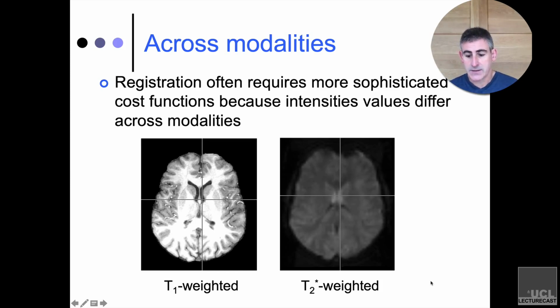Under the crosshairs, even though these images are more or less aligned, and they're both showing something in the cerebral spinal fluid, in the lateral ventricles, it's got a very low value. It's a dark voxel in a T1 image, whereas in a T2 star image, it's a bright voxel. So if you said, well, are these the same? The answer is yes, conceptually they're the same. But if you said, are these intensities the same? The answer is no, they're very different.